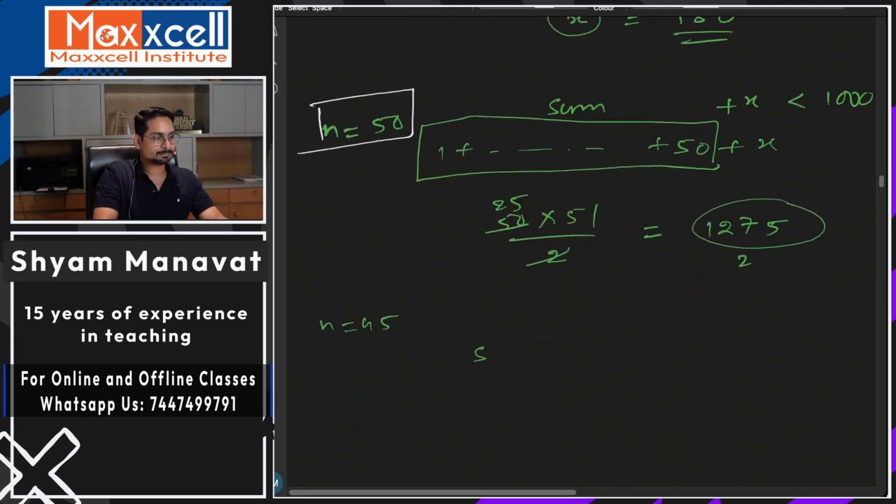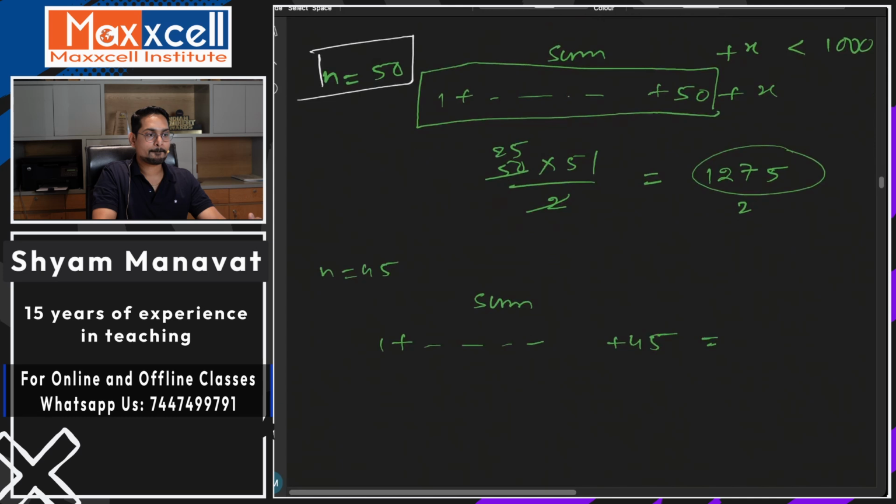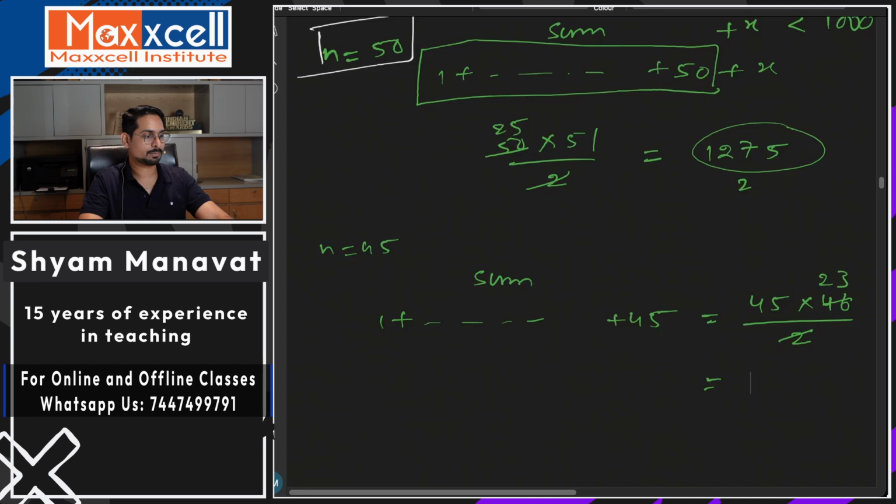Then the value of the sum, if you add 1 to 45, is going to be equal to what? 45 into 46 by 2. This is going to be 23. Let's multiply 23 and 45. What do you get?